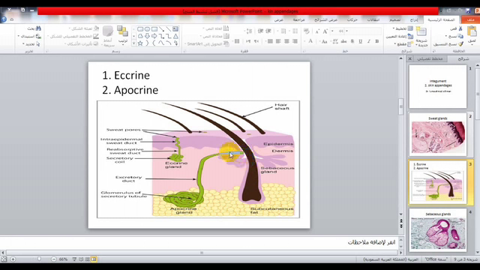It's a viscous secretion, not a watery secretion. So the eccrine has a watery secretion opening at the skin surface, and the apocrine has a viscous secretion opening near the hair follicle.